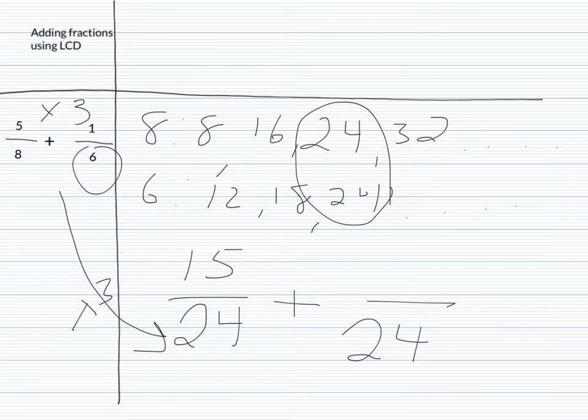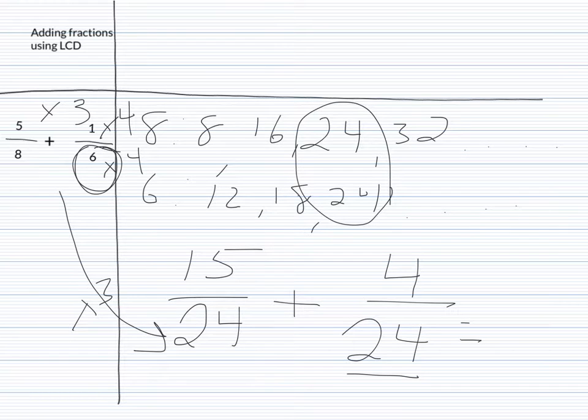Now, how do I get from 6 to 24? Well, I multiply by 4. So because I multiply 6 by 4 to get to 24, I'm going to multiply the top, the numerator, by 4, and 1 times 4 is, of course, 4.